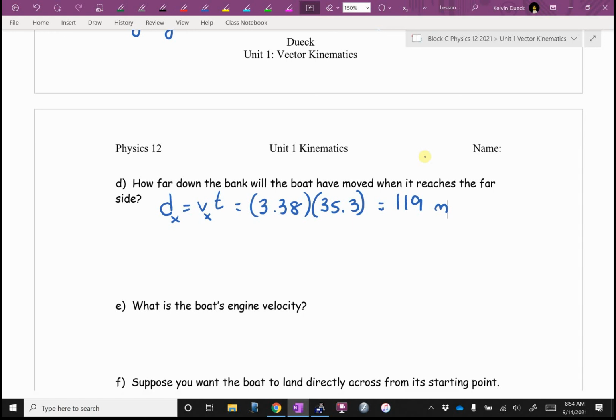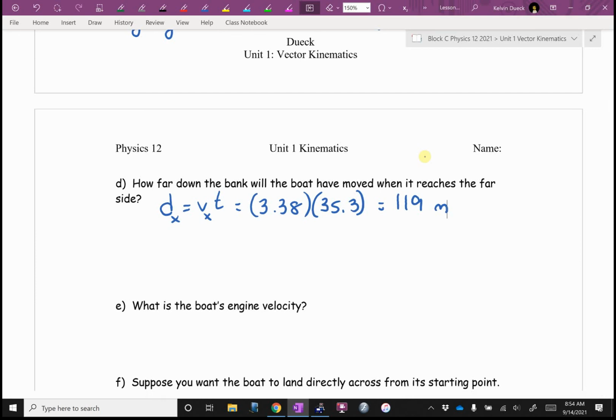Manraj, what's the boat's engine velocity? Too slow. Malcolm, what's the boat's engine velocity? Too slow. What I'm saying is you should already know the answer. No, otherwise it wouldn't be going anywhere. Nick, what's the boat's engine velocity?